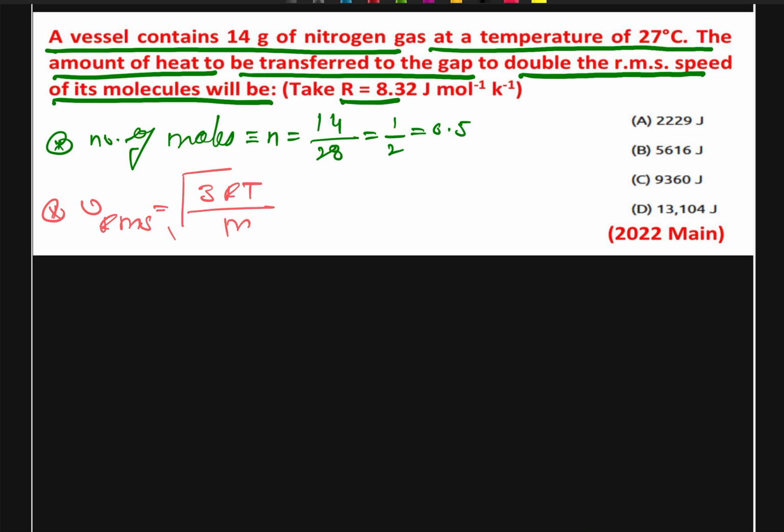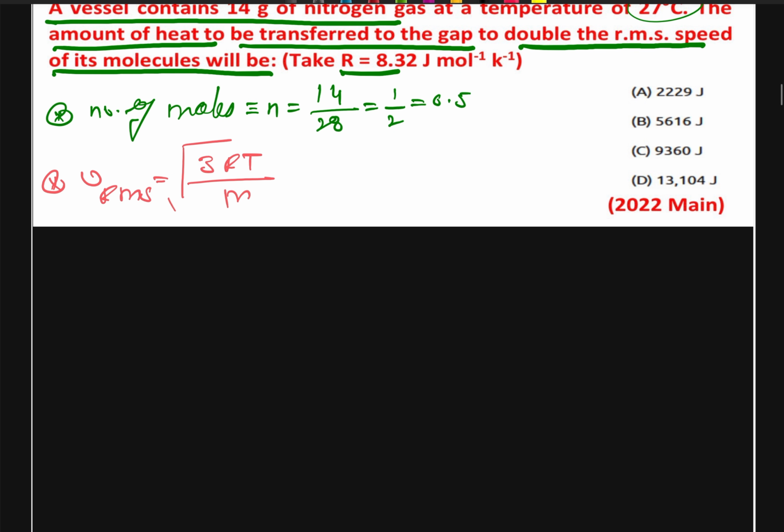And so we can apply this formula at two different temperatures. First is the given temperature, which is 27 degrees. Let us assume that is our T1. And second, because we are going to supply the heat, its temperature is bound to increase. Let's suppose that temperature is our T2.